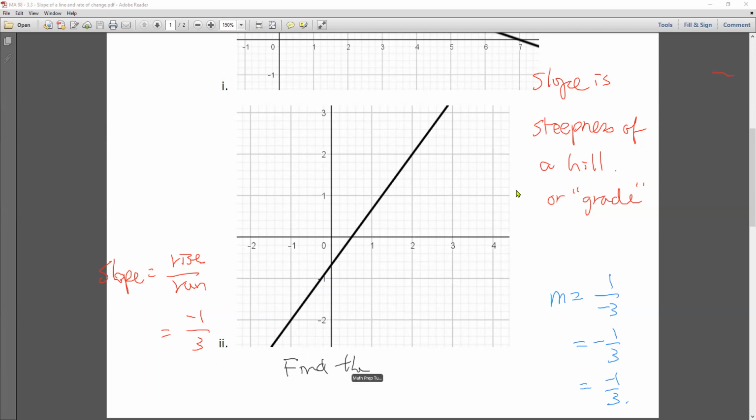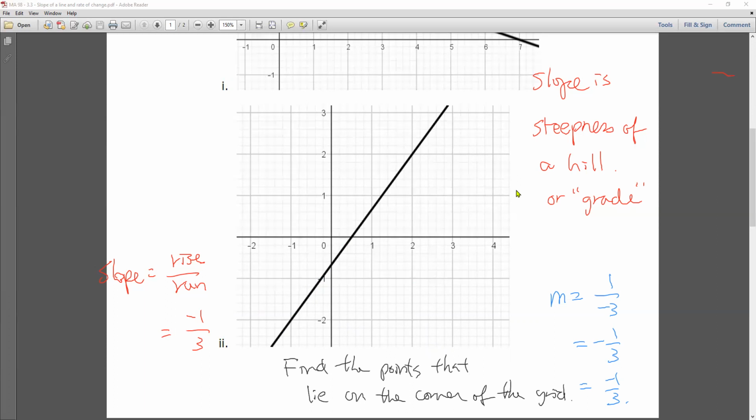Find the points that lie on the corner of the grid. We want to try to find the points that are on the corner of the grid. We don't want anything that's in the middle of the line and not on the corner, because otherwise you have to estimate. And we're going to try really hard not to estimate points.